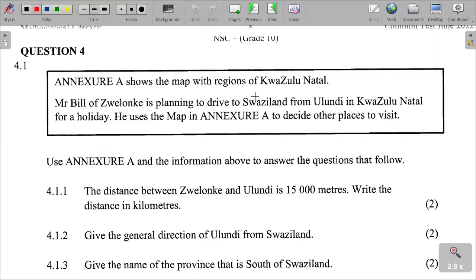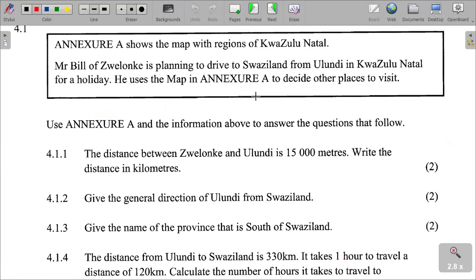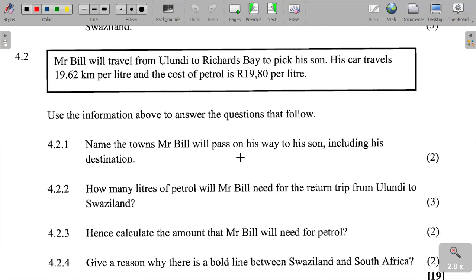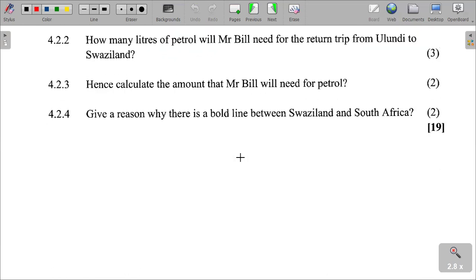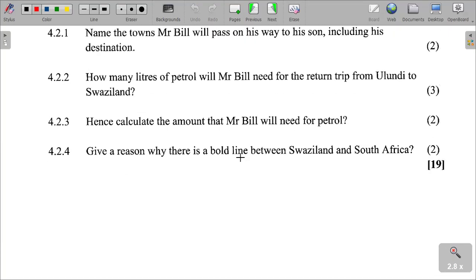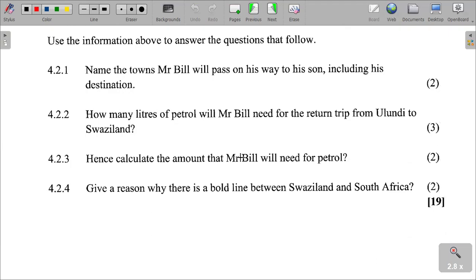Question 4.1. I'm going to just check it. 4.1, the annexure, I couldn't manage to attach it on the body.